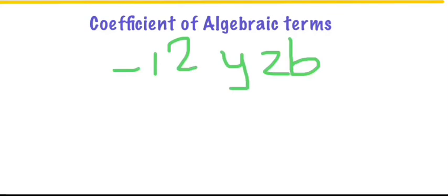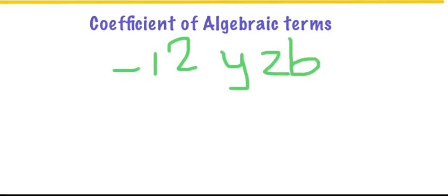I'm just repeating: any factor, as we discussed earlier. What is a factor? The factorization is minus 12 multiplied by y multiplied by z multiplied by b. So as you can see, this is a factor of the term, and it is known as the coefficient of the product.